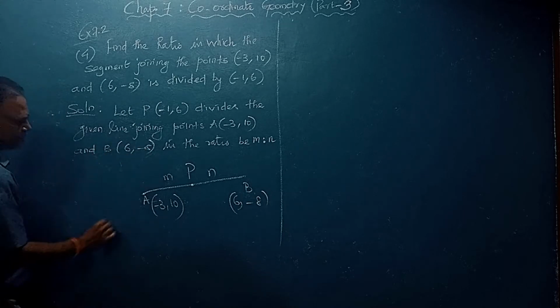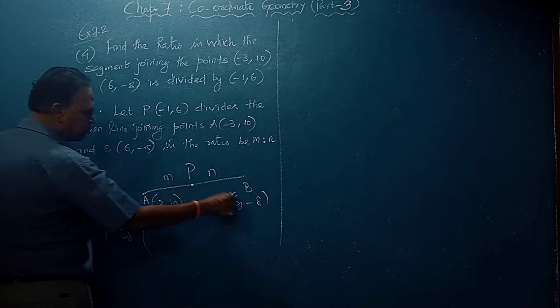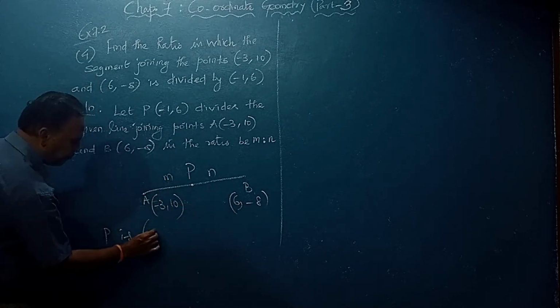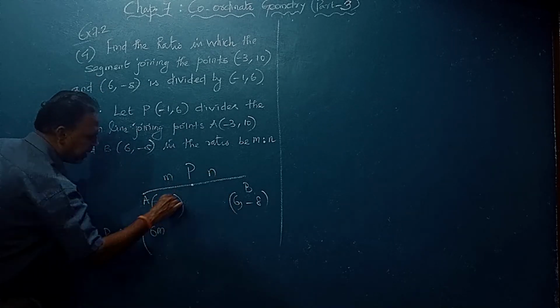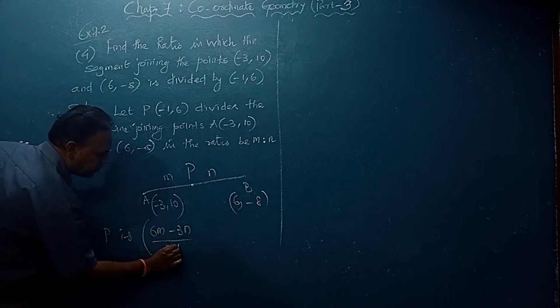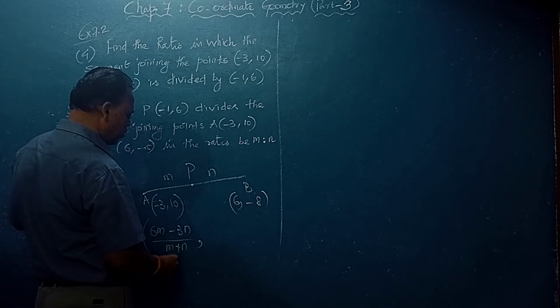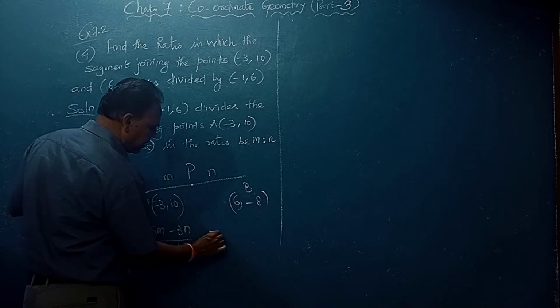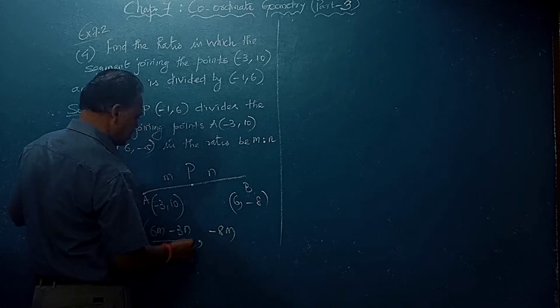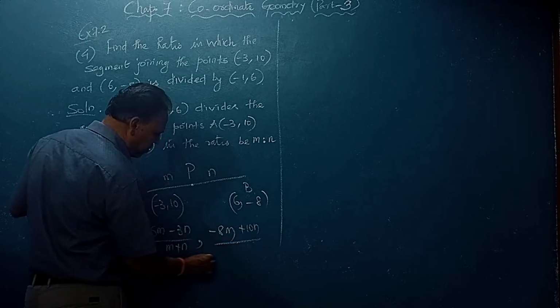Therefore P, just cross multiplying, is 6m minus 3n by m plus n, the sum of the ratio, comma, again the y coordinate minus 8m plus 10n by m plus n.